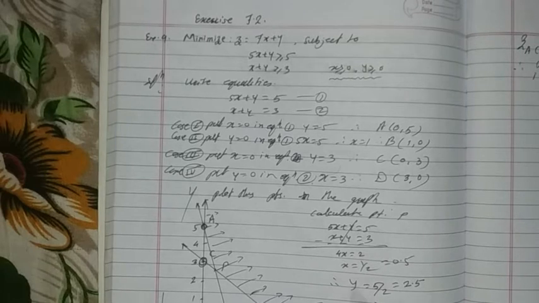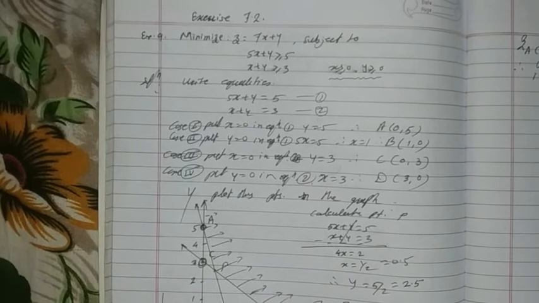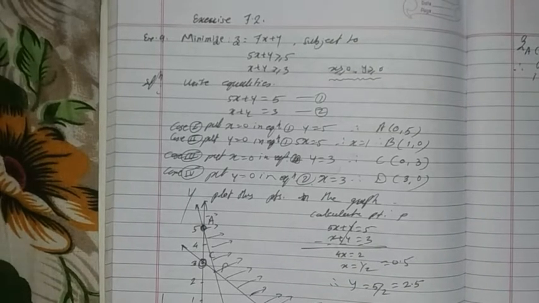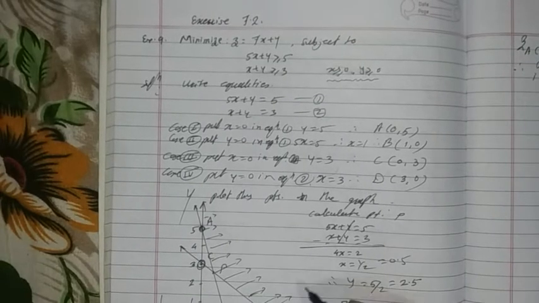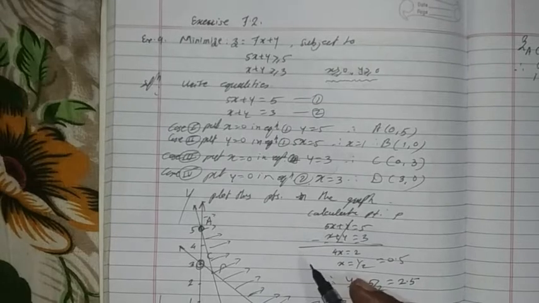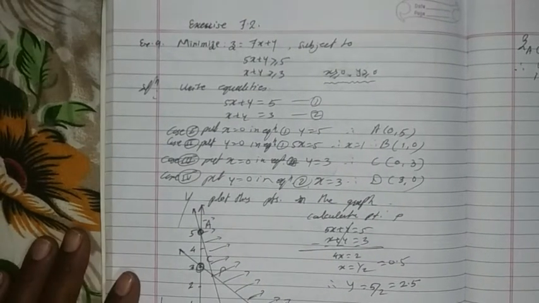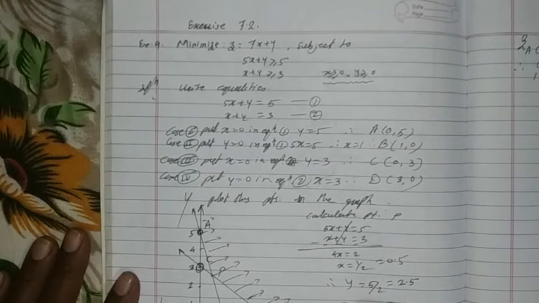The given inequalities are greater than or equal to, and we minimize the function. Therefore, the feasible region or shaded region is on the outside, away from the origin. Therefore, this is our shaded region.